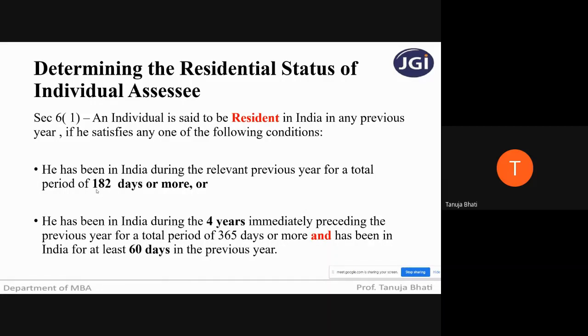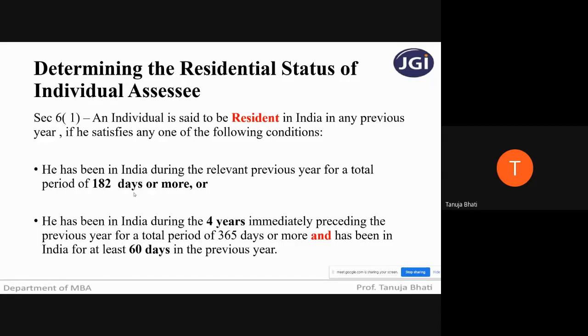And the next thing, suppose he is leaving India on a particular day. Suppose he is going to USA on a particular day, or he is coming from USA on a particular day. So for counting the number of days, for this 182 days, both the date of departure as well as the date of arrival will be considered stay in India.